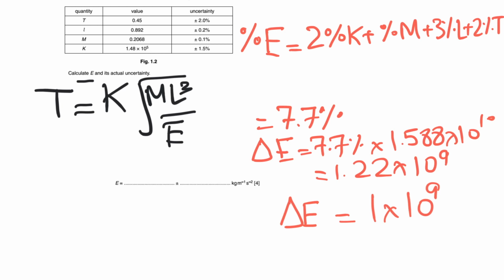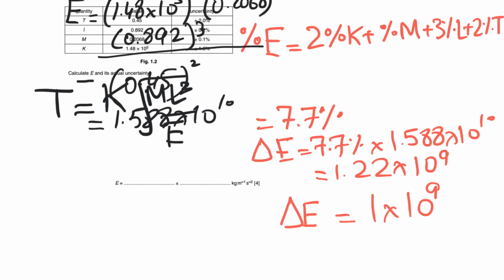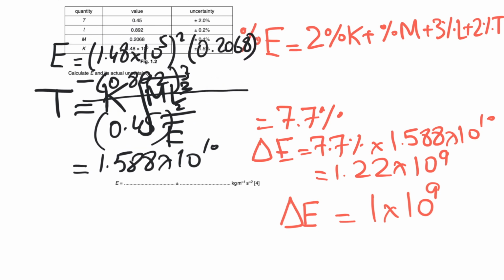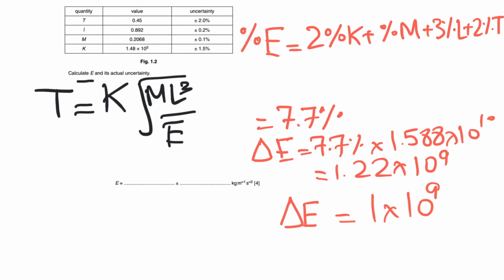Now, another thing, let me bring back the value of E. Please focus on this value of E. The value of E was 1.588 into 10 raised to the power 10. Always remember that you have to match the power of the actual value.